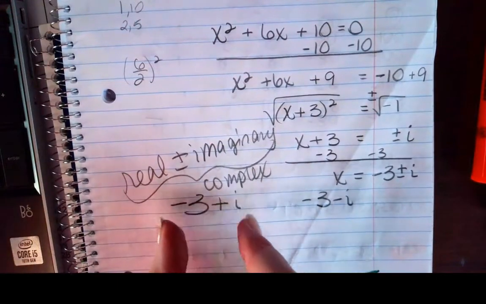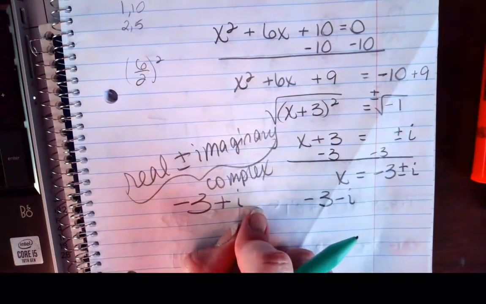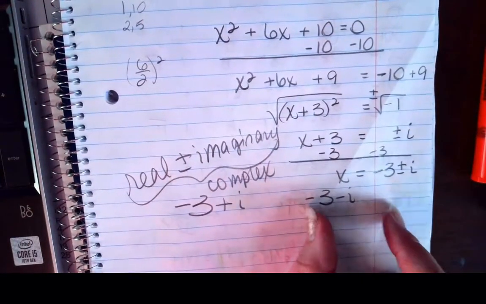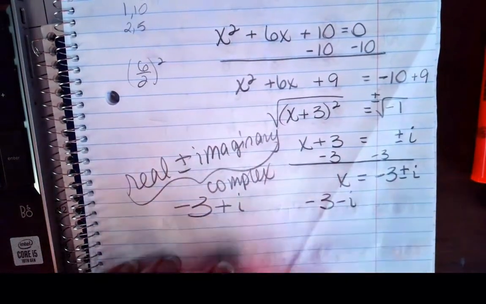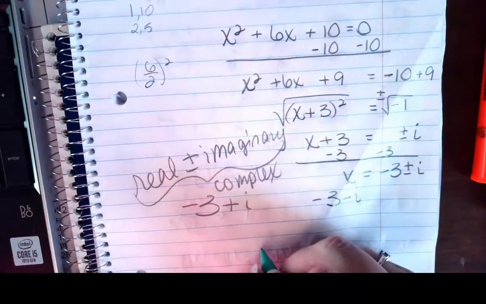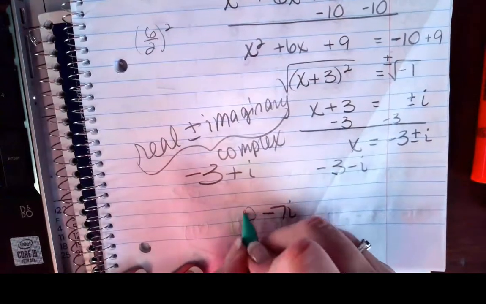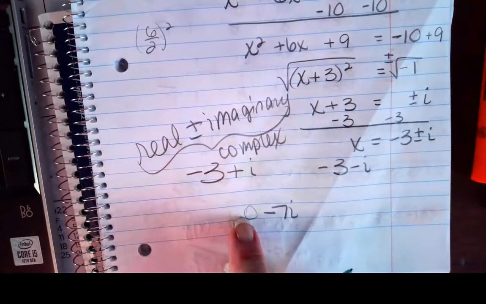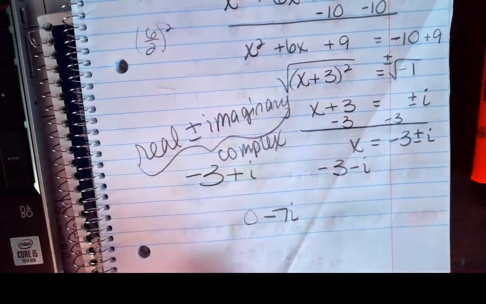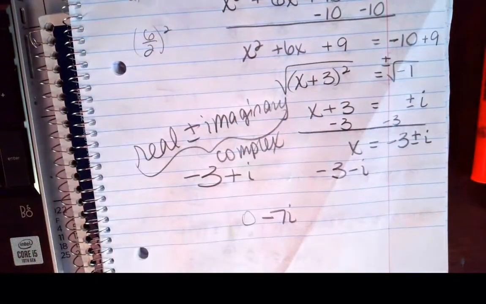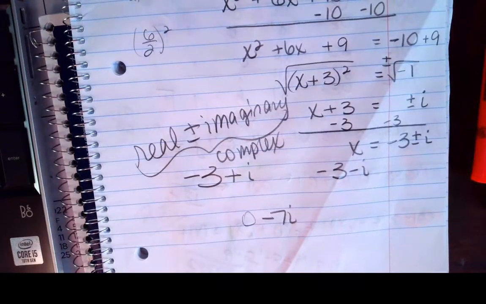So this is a complex number because I'm adding and subtracting reals and imaginaries together. Even if I just had something like, new problem, negative 7i, that is still a complex number because I could say 0 minus 7i. So real plus or minus imaginary. Anytime you're dealing with imaginary solutions, you're dealing with complex numbers. And that is it for Module 7.